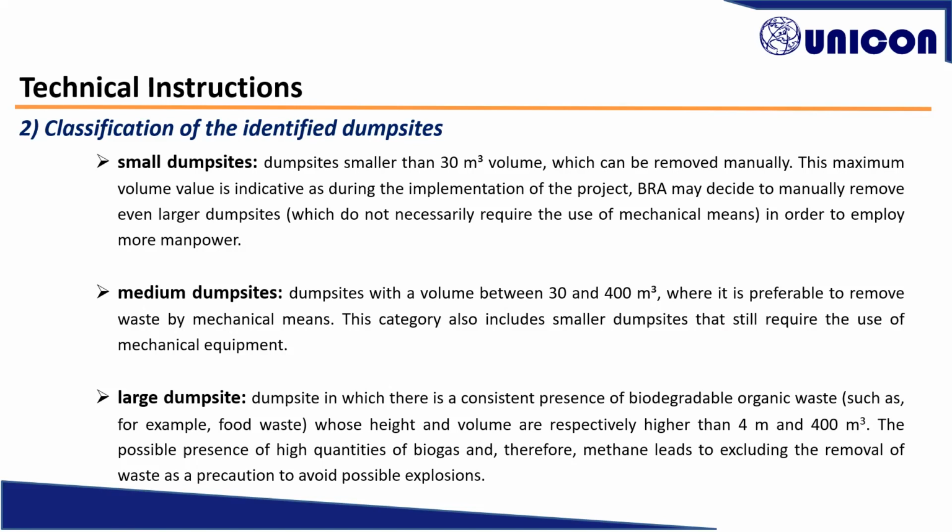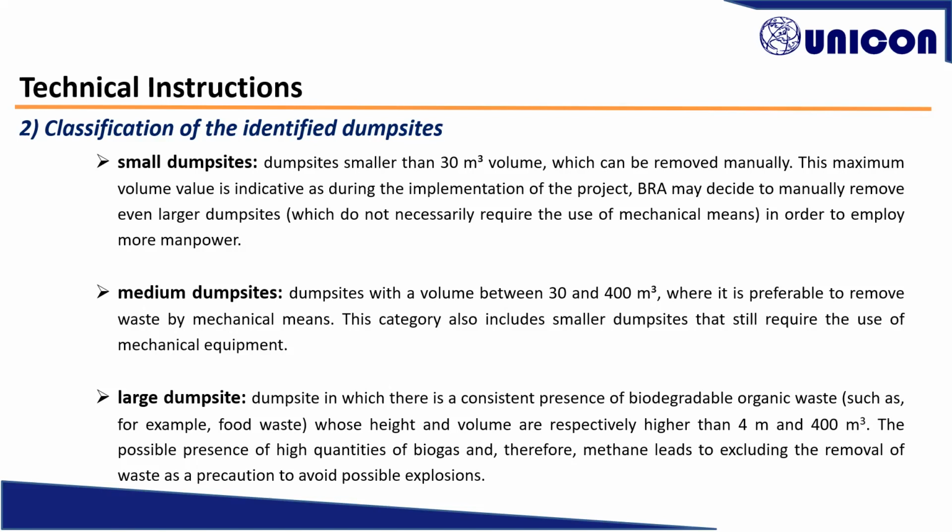The third type of dump site are large dump sites, in which there is a consistent presence of biodegradable organic waste, such as, for instance, food waste, whose height and volume are respectively higher than 4 meter and 400 cubic meter.